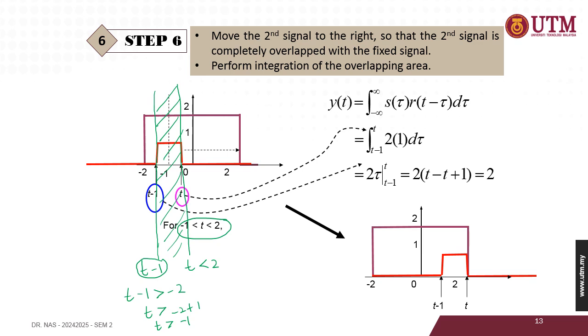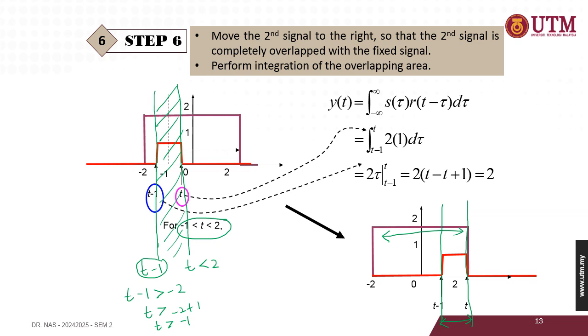You can basically place the second signal anywhere inside the fixed signal as long as both of them completely overlap. But still, the range of t in which the two signals completely overlap is between t and t minus 1. So now you do the integration.